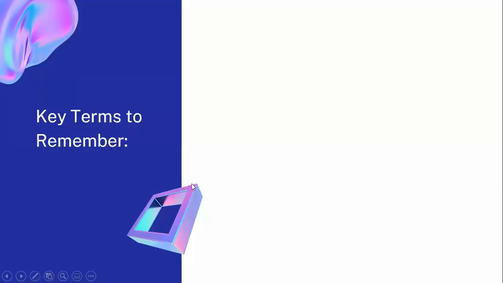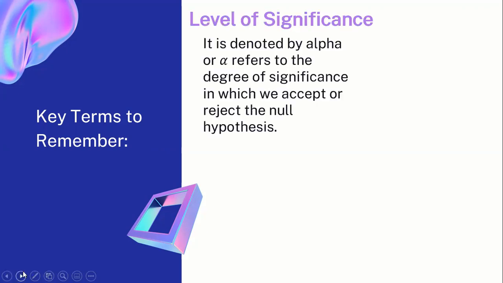Aside from the first four terms that you need to remember, we also have terms like the level of significance. The level of significance is denoted by alpha, the Greek letter, which refers to the degree of significance in which we accept or reject the null hypothesis.